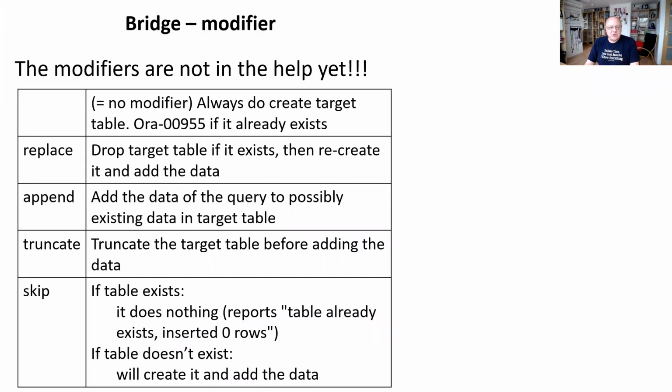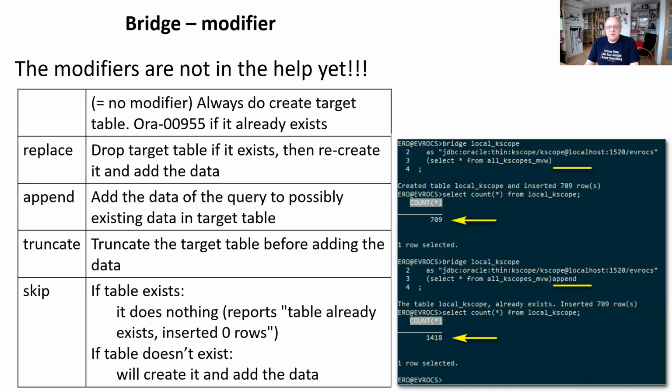These are the modifiers I talked about before. You can use these to change this behavior. Replace replaces the table if it already exists. Append appends the data to it. Truncate truncates the table before it adds the data. And skip is the same as the first one, only if the table does exist, you don't get an error, but the bridge command is ignored.